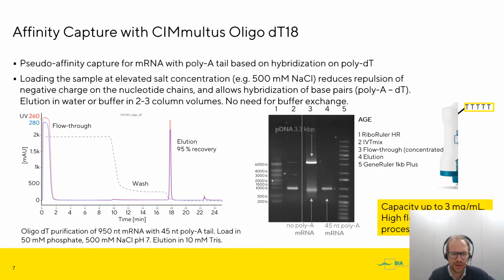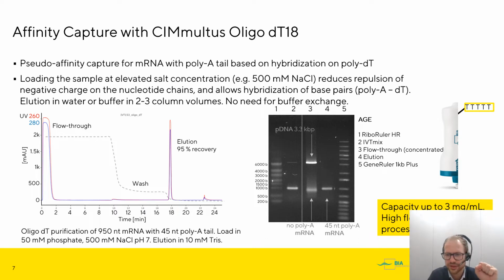I show here a chromatogram of EGFP mRNA captured from in vitro transcription reaction mixture with a CIMmultus. This is a preparative line of monolith columns immobilized with oligo DT ligand.